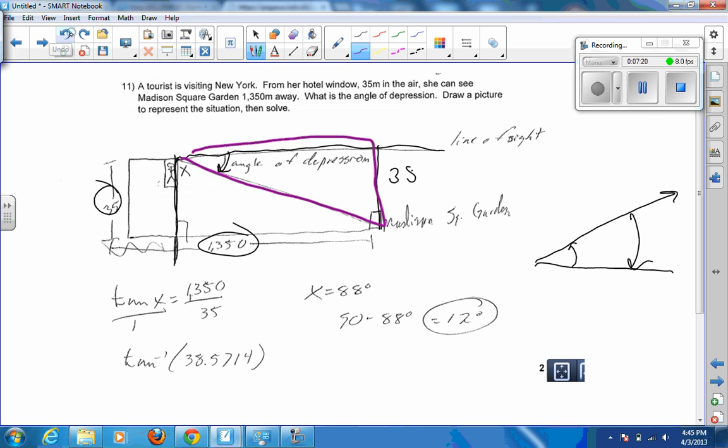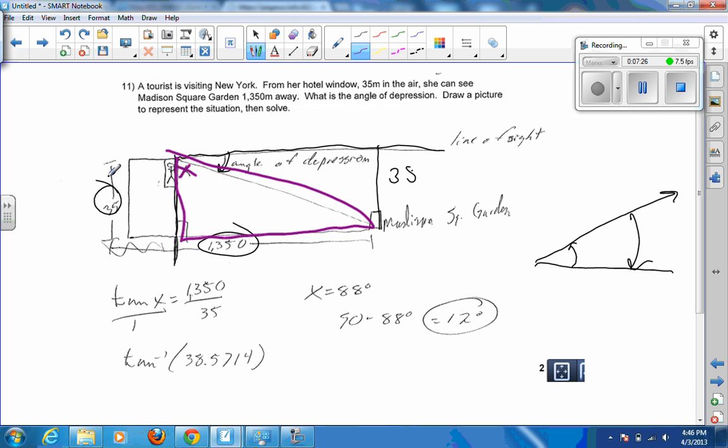What I did instead is I used this triangle, found that angle, and I had to use the tangent function because I had opposite and adjacent. Use the tangent function, and then I subtracted from 90 degrees because this is also 90 degrees. Remember, we talked yesterday that this is a rectangle, so opposite sides are equal to each other.